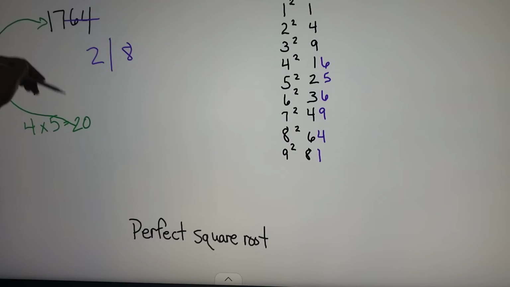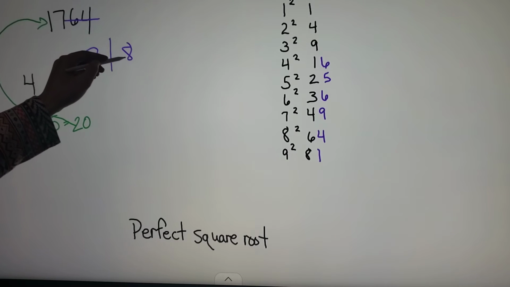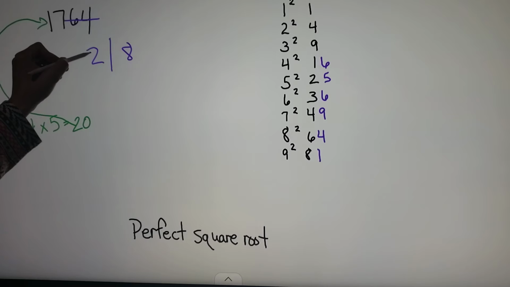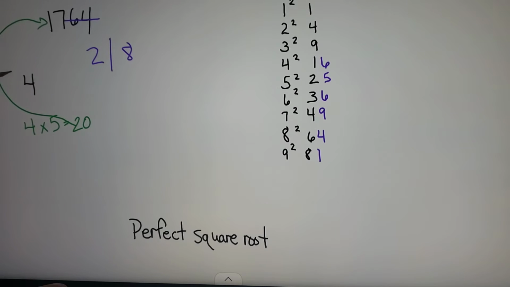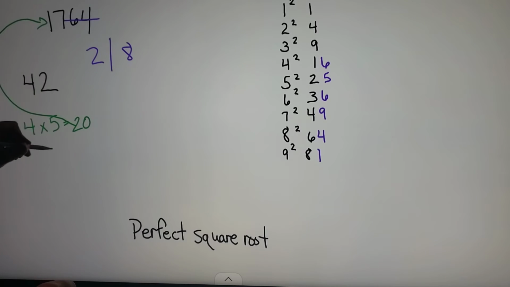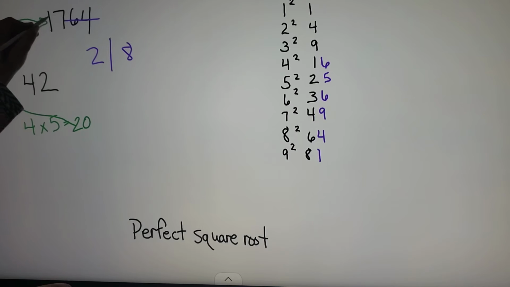If this number is larger than this number, we would take the larger number of these two. But since 17 is smaller than 20, we take the lower number, which would be 2. So the square root of 1764 equals 42. Now, I probably confused you there.